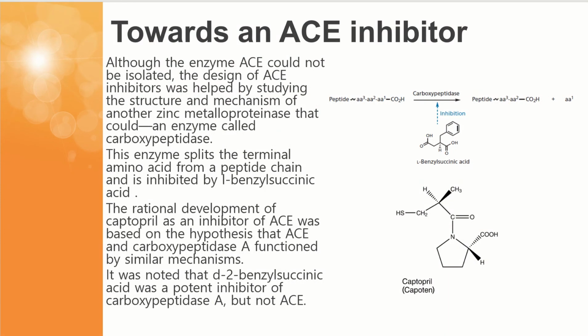So in other words, they could not isolate ACE, right? So they decided to employ a similar enzyme that was related to see if they could try to mimic a similar process or the impact that would perhaps be the same.